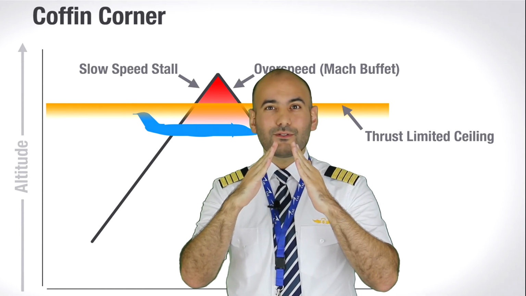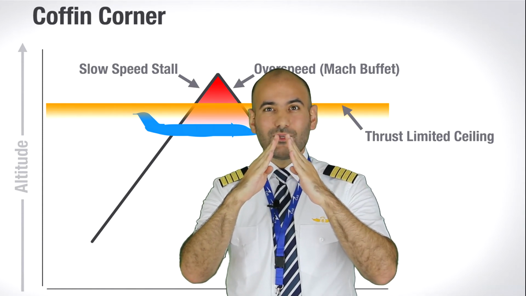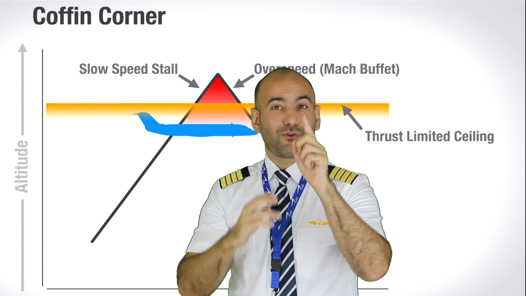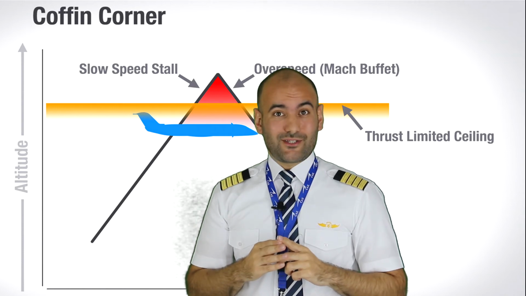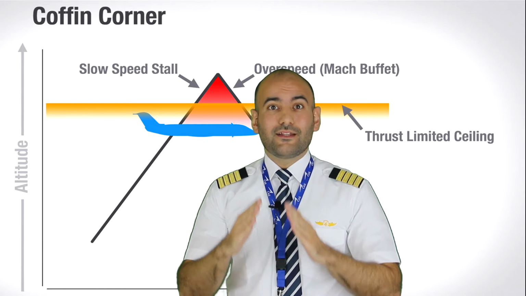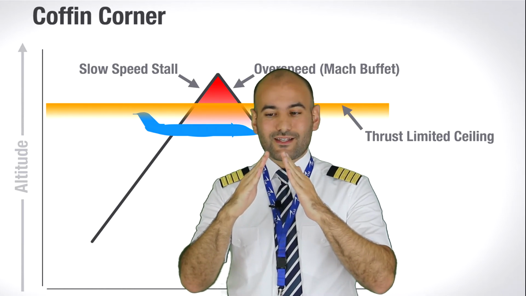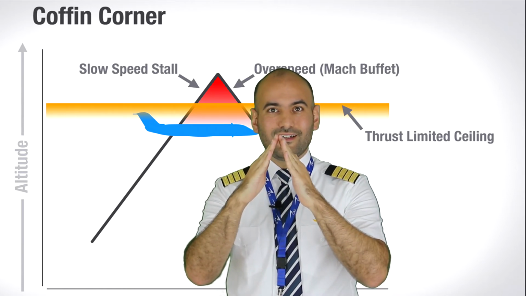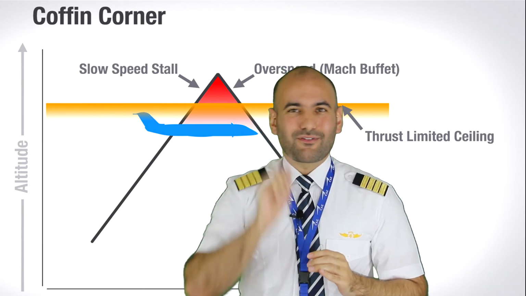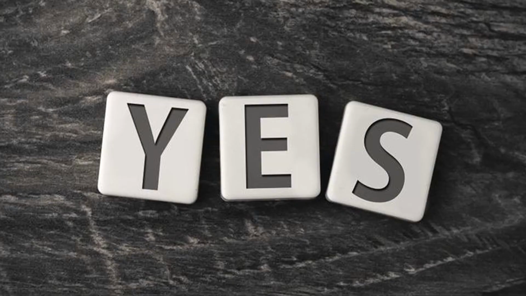And as altitude increases, the margin is reducing. Of course, we are talking about true airspeed. So at a defined altitude, these two speeds coincide. I mean here. This point is known as Coffin Corner.